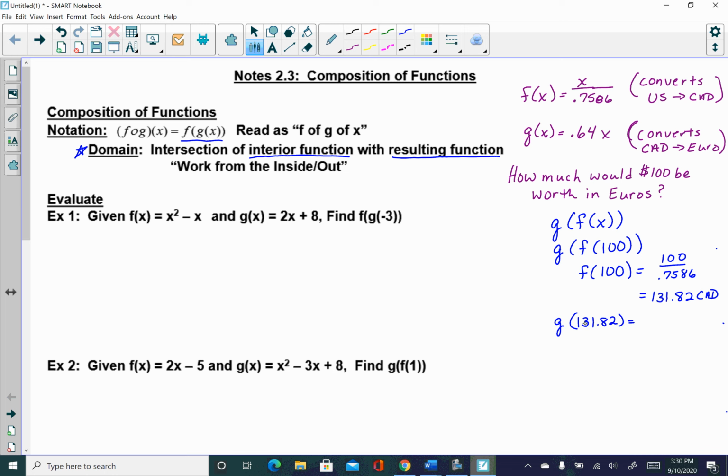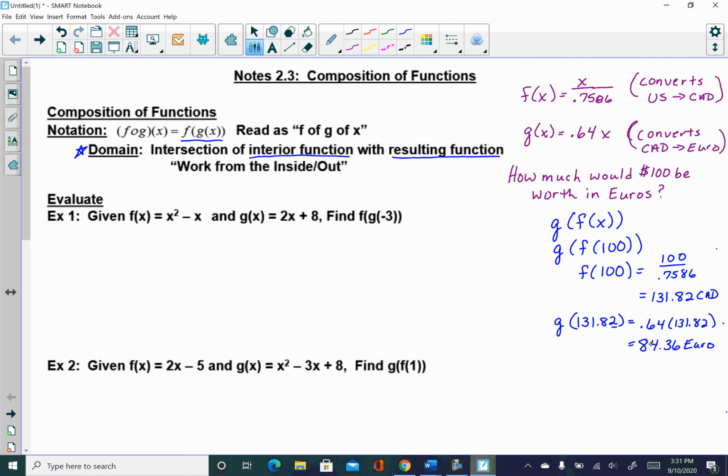Now we go to our g function. Everywhere we see an x, we plug in 131.82, because those are our Canadian dollars. So that's 0.64 times 131.82. And that will land you at 84.36. Well, actually, this would be 84.36 euros at that point.